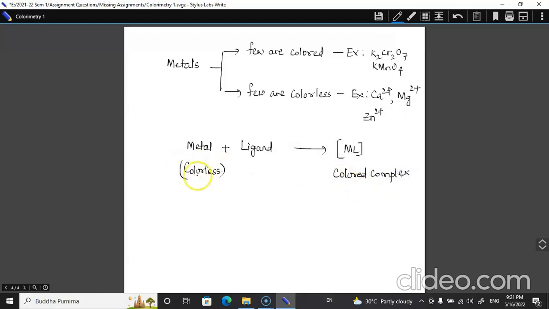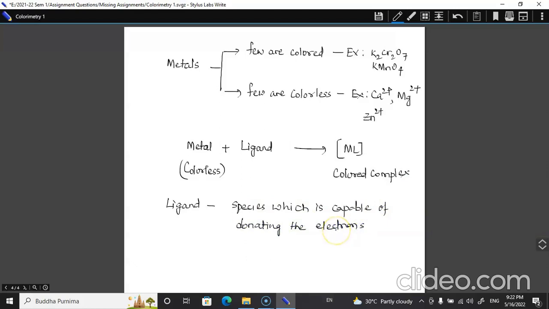What is a ligand? It is a species which is capable of donating electrons. This is the definition.